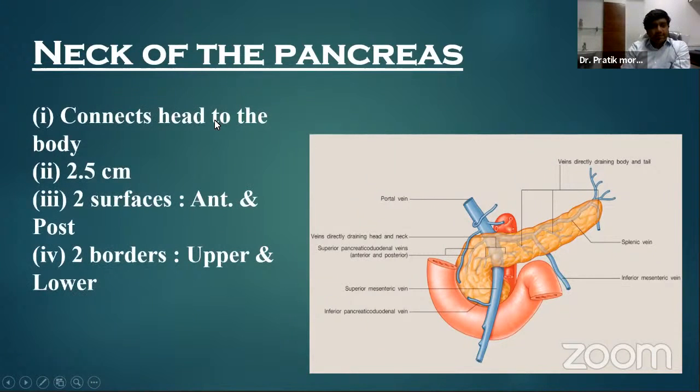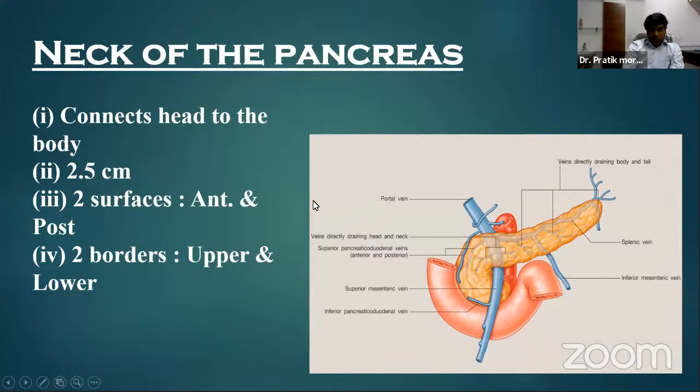Then next is the neck of the pancreas. What is the role of a neck? The neck connects the head to the body. Always the neck connects your head to your body, right? It is small, 2.5 centimeters, that is just 1 inch.